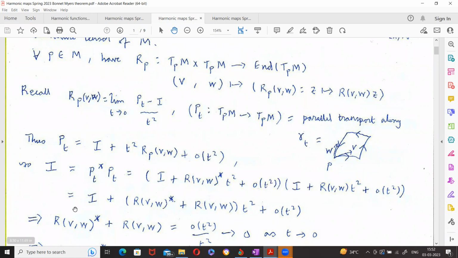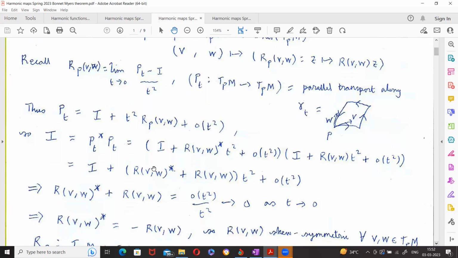The first term will be identity, plus a term in t squared, which is R(V,W) star plus R(V,W), and then other terms which are little o of t squared. Now I cancel identity from both sides, divide by t squared, and take this to the other side. What I get is that R(V,W) star plus R(V,W) is equal to little o of t squared divided by t squared. So this tends to 0 as t tends to 0.